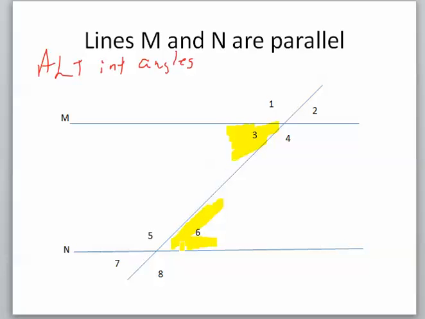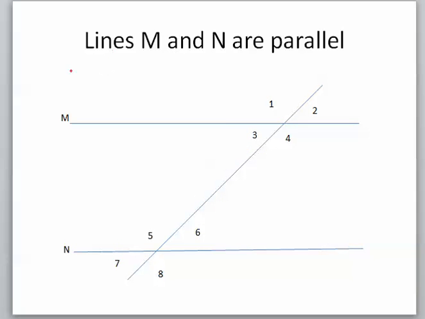So these two would be alternate interior angles, 3 and 6. There'd be another pair of alternate interior angles. It would be these two over here, which would be 4 and 5. Those would be alternate interior angles.